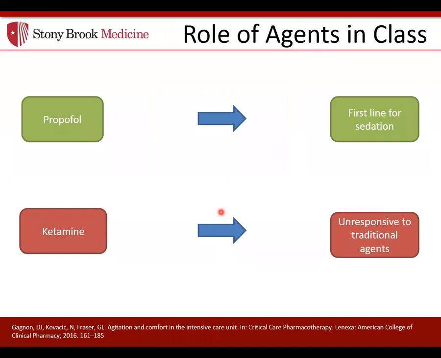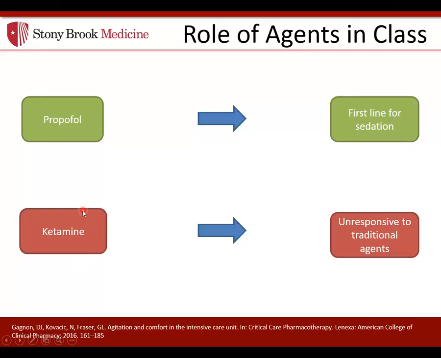Okay, so just to summarize what we spoke about today, so propofol is first line for sedation because it has many useful properties, such as it also decreases intracranial pressure, and there's some data showing that it can aid in controlling intractable seizures and can reduce shivering during the rewarming phase of targeted temperature management following a cardiac arrest.